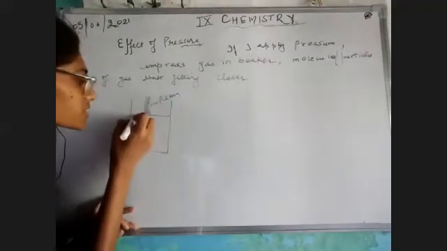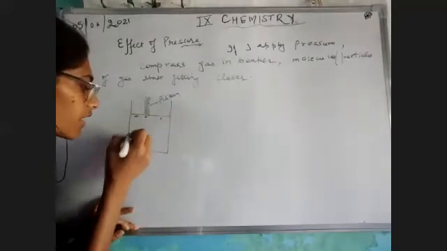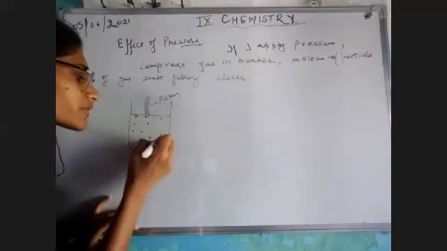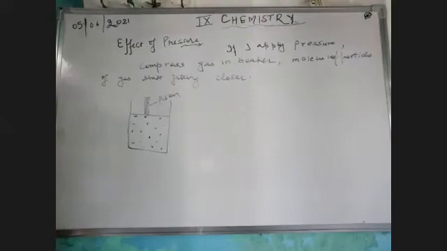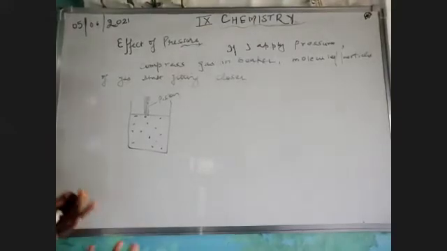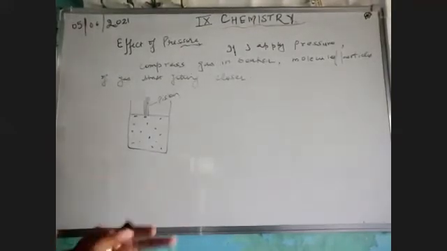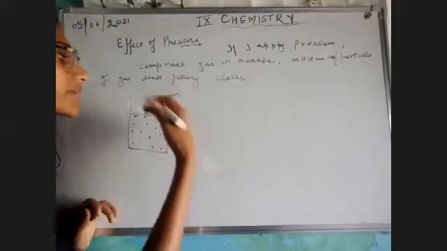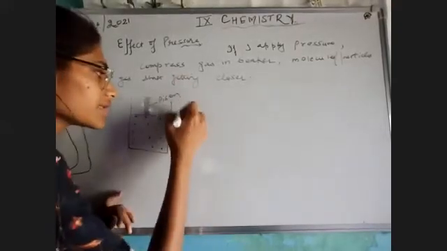Right now, the gaseous molecules are moving away from each other because they have so much space between them. We have already studied that whenever we talk about gaseous particles, we say they have much space between them, or there is less intermolecular attraction between the two. Now, if we start increasing the pressure, I'm applying more and more pressure, like this.